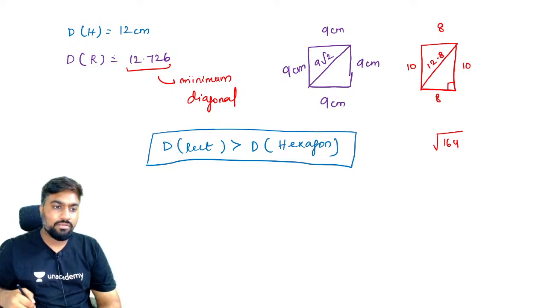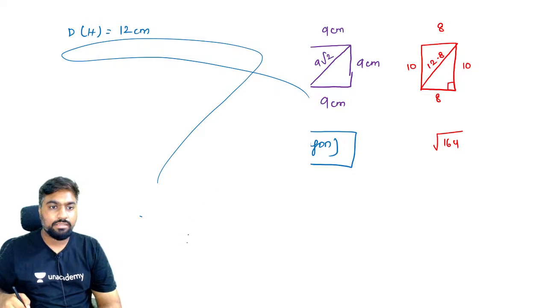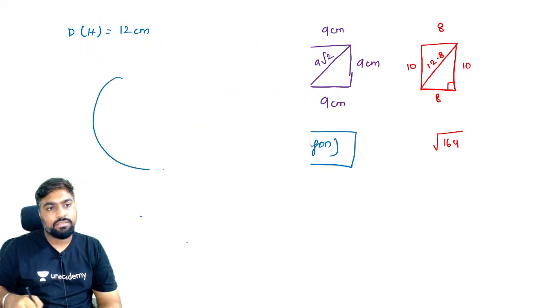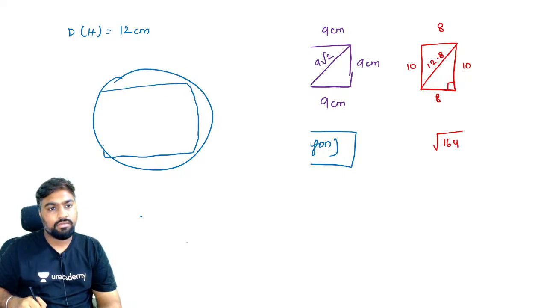This one, square inscribed in a circle. Yes, square inscribed in a circle, very simple. This is the circle, this is the square. If this side is 8 centimeter, then the diameter will be 8 root 2.